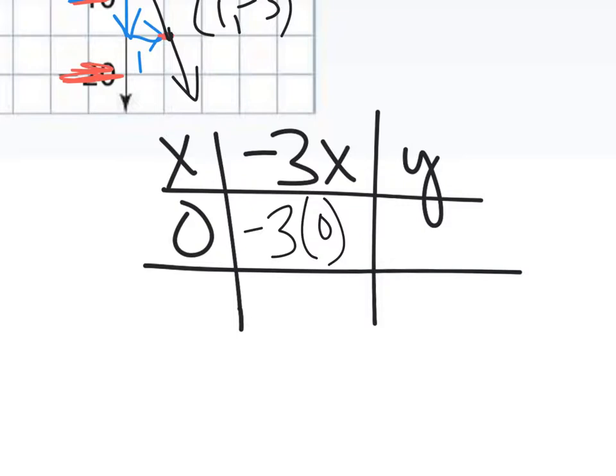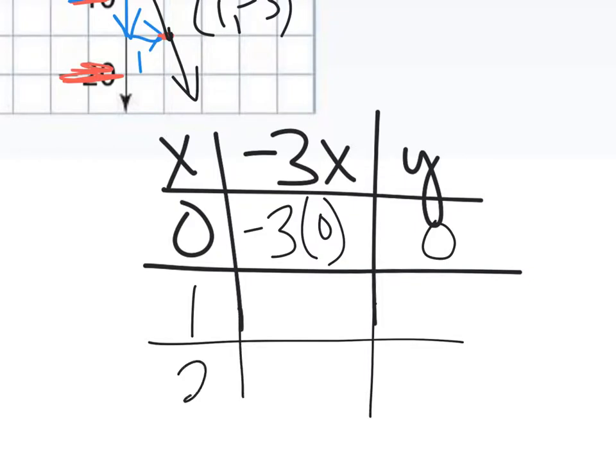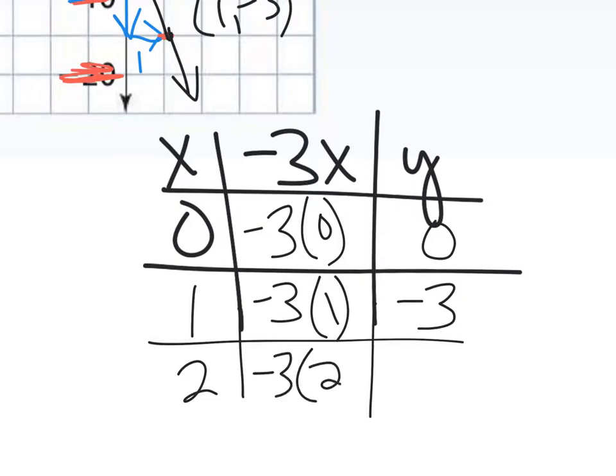So if x was 0, we get 0. If there wasn't a fraction, we usually did 0, 1, and 2. So if you put a 1 in, negative 3 times 1 is negative 3. That's the 1, negative 3 we just got. If you put a 2 in for x, that would be negative 6. So 2, negative 6 would be another point on our graph.